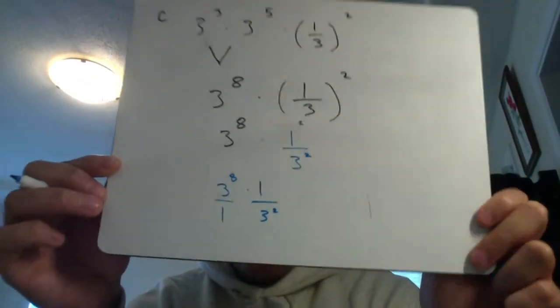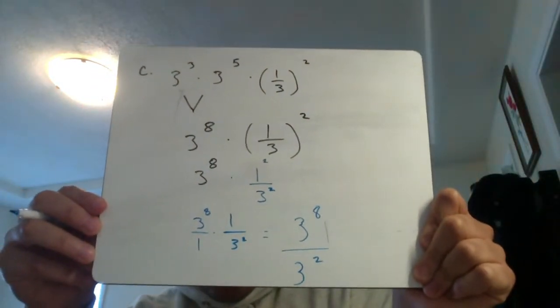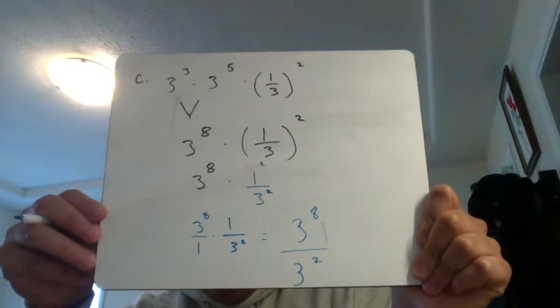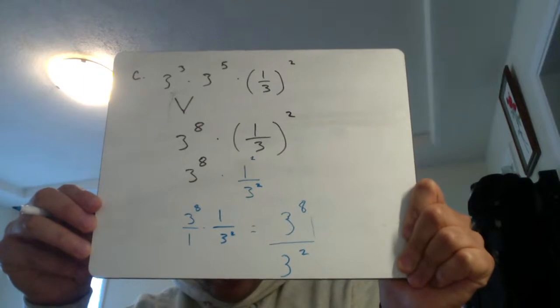So if we multiply these fractions now, you would get 3 to the eighth over 3 squared. Now, what's 3 to the eighth over 3 squared? What does that simplify down to?